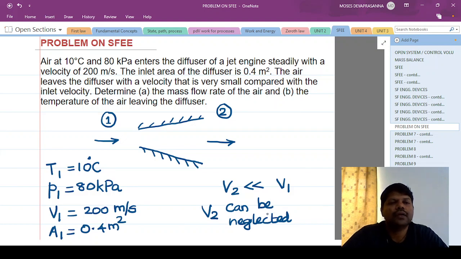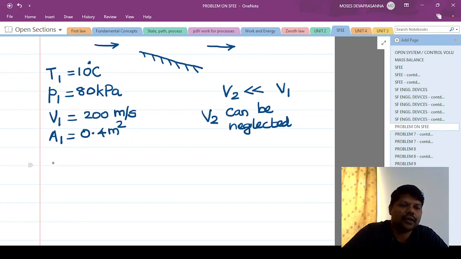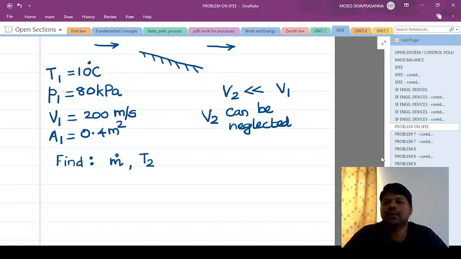Okay, so these are the data given for this problem, and you are asked to determine the mass flow rate of the air and the temperature of the air leaving the diffuser. So we need to find out the mass flow rate m dot and the temperature of the air leaving, T2, right?